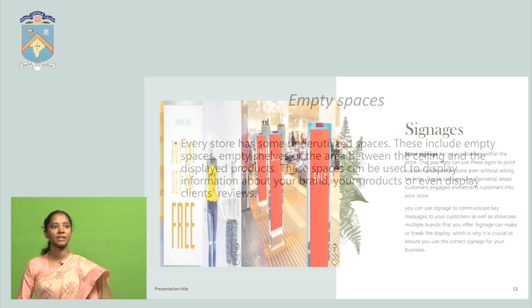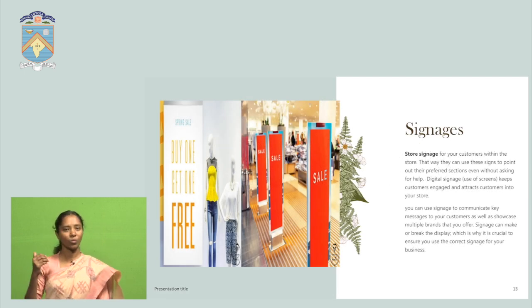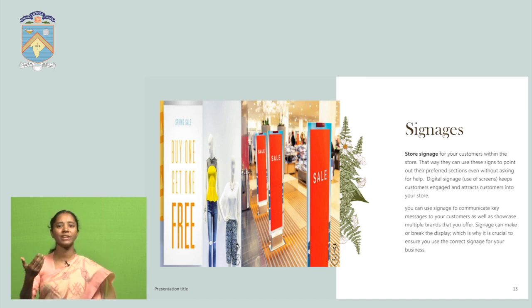Next one, signatures. What are signatures basically? Signatures are like hoardings we put in a particular retail store in order to direct people, so additional people are not required to guide our customers through their shopping experience. These signatures can direct customers where to go, showing them the navigation. We can also use signatures for promotional pricing, like buy one get one free.